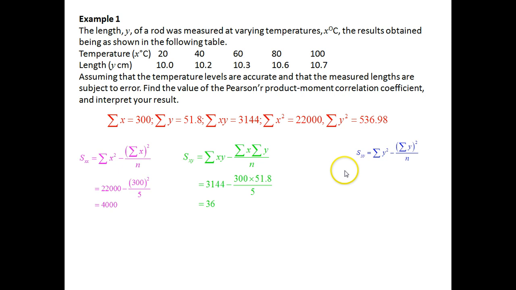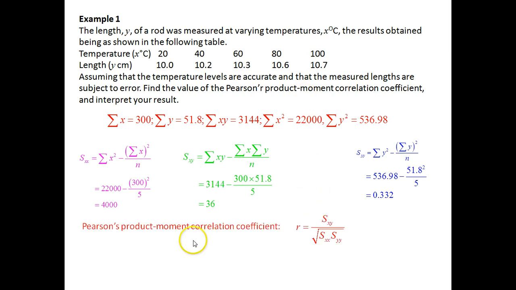The Syy gives us the sum of y squared, which is 536.98, minus the sum of all the y, all squared, 51.8 all squared, divided by 5, and we get 0.332.